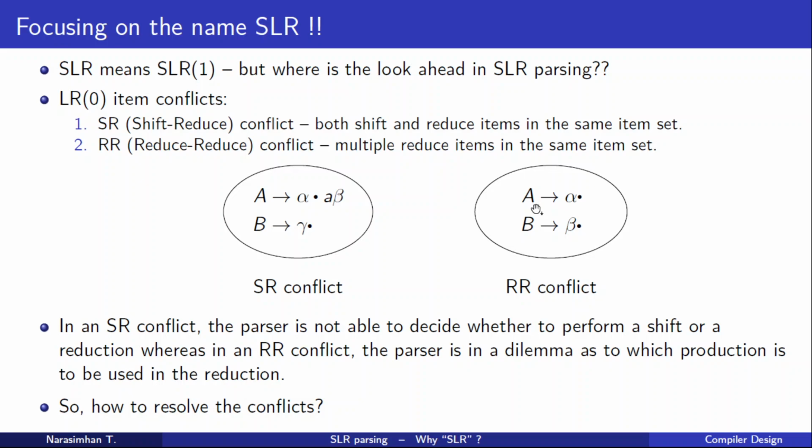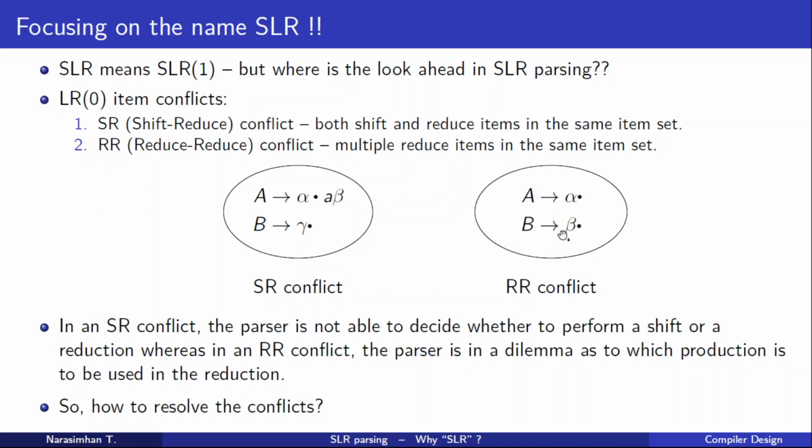What is that action? Reduce using A gives alpha. This will contribute to a reduce action to be performed using B gives beta. So here it is decided that you go for reduction operation, but which production should you use for reduction? Should I use A gives alpha or should I use B gives beta? So here also you have a conflict.